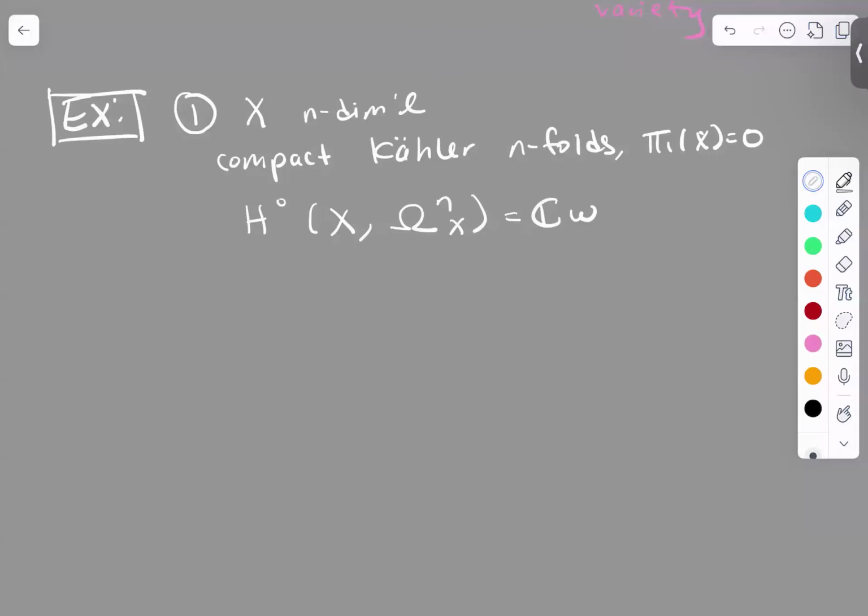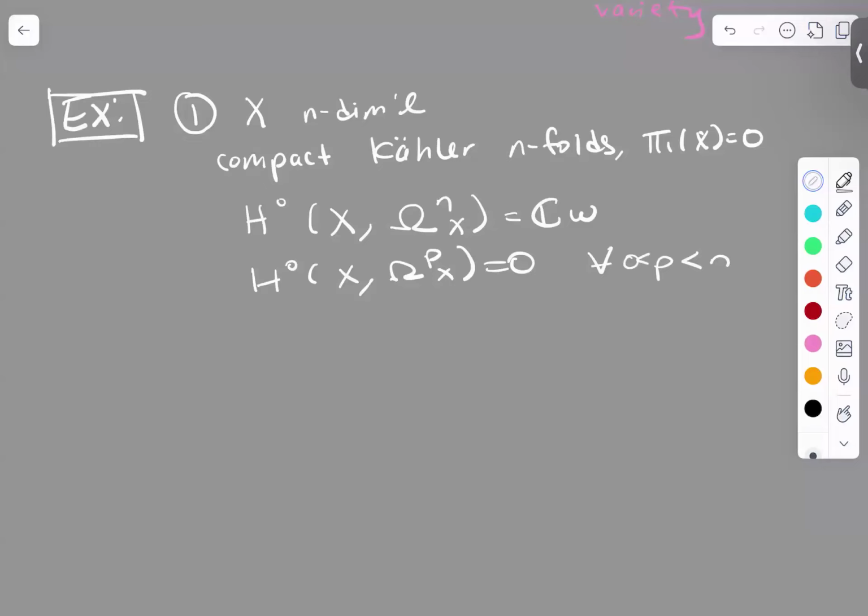And this condition about being simply connected for a surface should be souped up for an n-fold to say that actually, H^0(X, Ω^p_X) should be 0 for all p less than n.